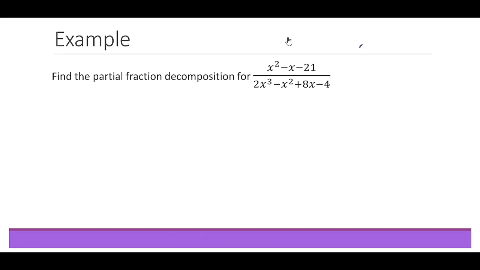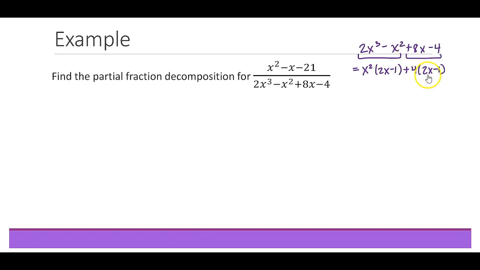So I have 2x cubed minus x squared plus 8x minus 4. And because I have 4 terms here, I'm thinking that I should try factor by grouping. So within the first 2 terms, I can factor out an x squared, and I'm left with 2x minus 1. Between the second 2 terms, I can factor out a positive 4, and I'm left with that 2x minus 1.